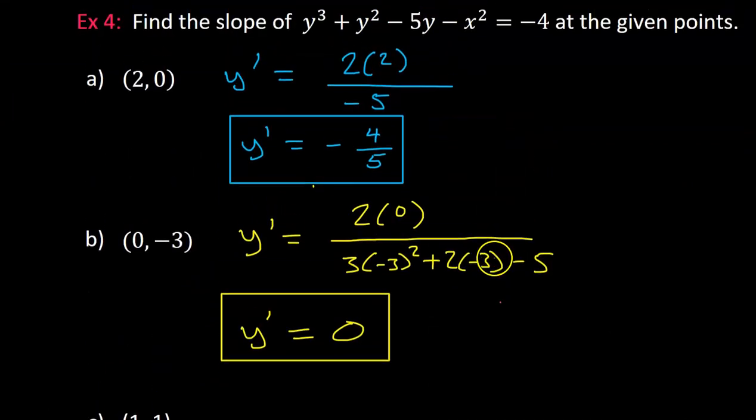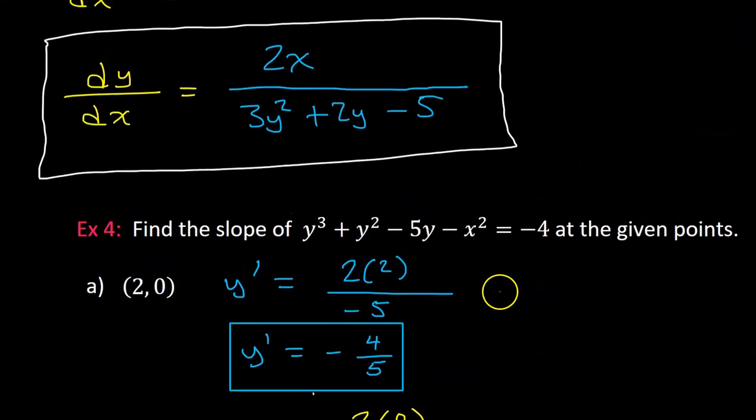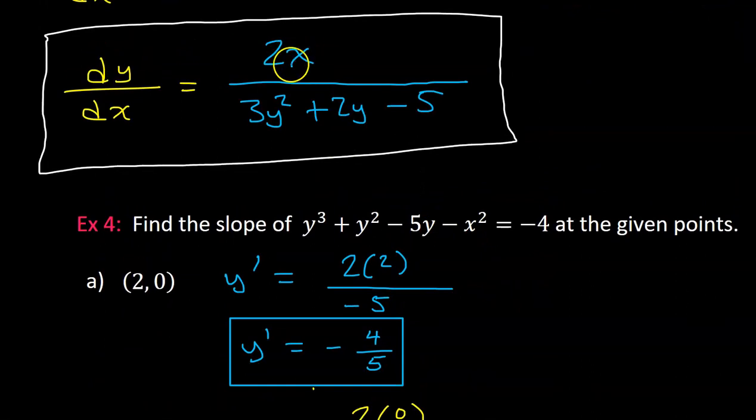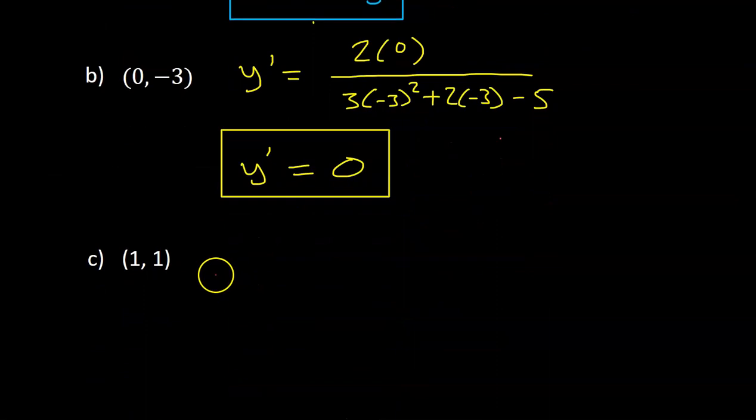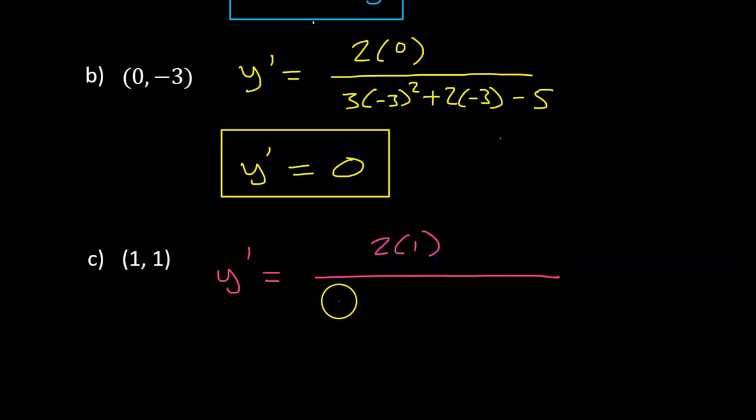So using the formula that we found in the previous example, we have 2x over 3y squared plus 2y minus 5. So that means y prime is going to equal 2 times 1 over 3 times 1 squared, plus 2 times 1 minus 5, because the y value is also 1.